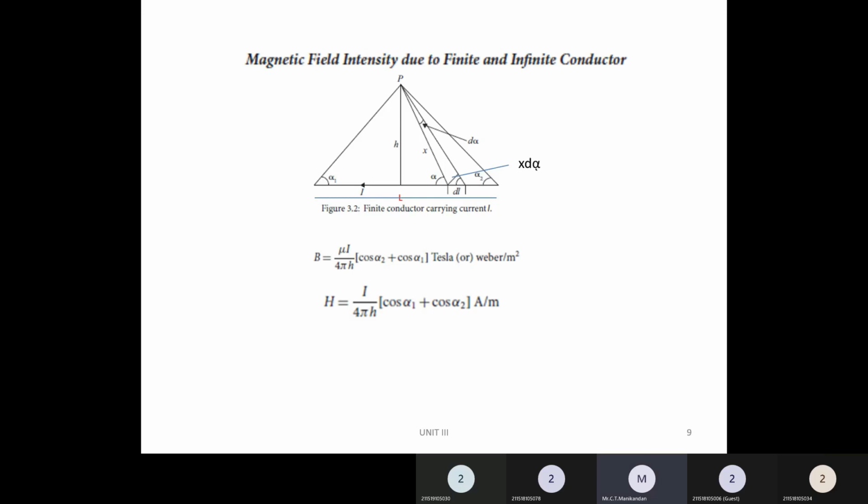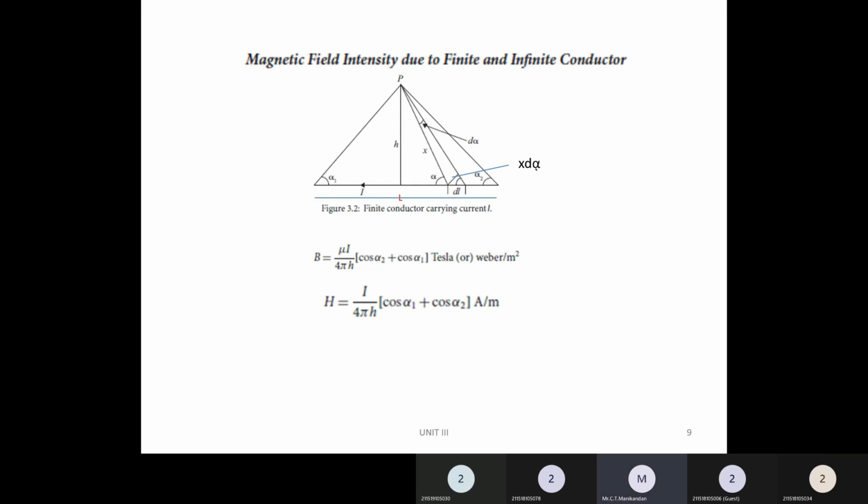Then the next one, what we can see. Similar to the second unit, in the last sessions we had seen the electric field due to finite and infinite conductor, and similarly the electric field because of a circularly charged disk and all these concepts. Similarly, here also, if I pass current through a finite conductor, what is the magnetic field intensity at a point nearer to the conductor?